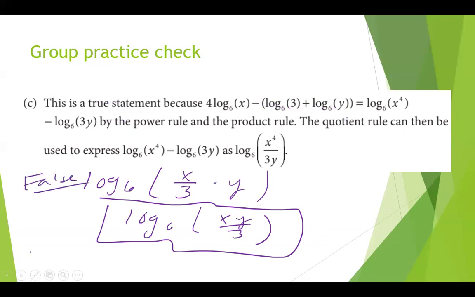AP Classroom is wrong. This came from AP Classroom. Wait, so C is wrong? You're supposed to work from left to right. Oh, right. That sounds like something that needs to go on the brag board. Yeah, I'll do that.